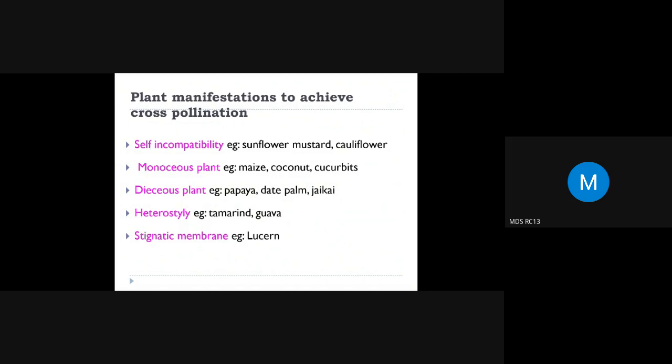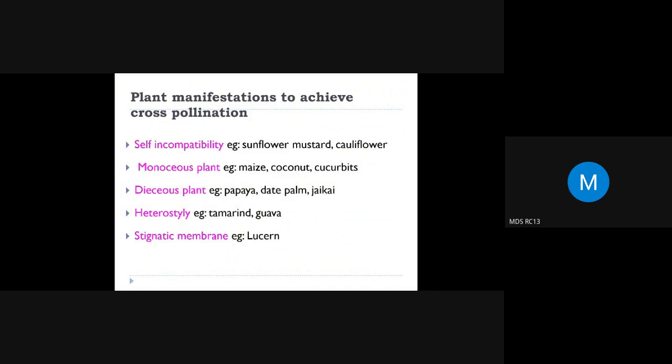Few plants are modified to achieve cross pollination. Different situations exist. One is self incompatibility, which is seen in sunflower, mustard, and cauliflower. Self incompatibility may be due to the structural arrangement of the male and female parts of the flower, where the anthers and pistil are located at different heights.